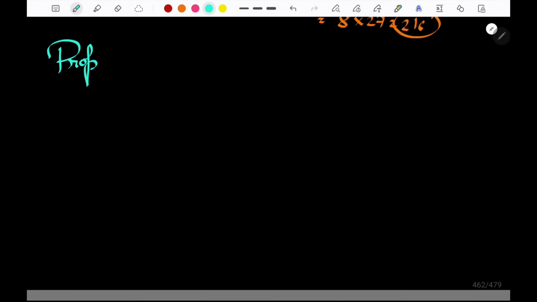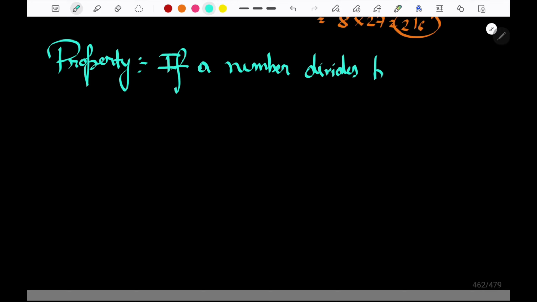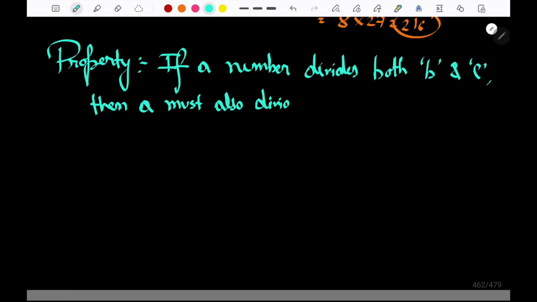So let's say this is one of the properties, and we will do the next property. The next property of HCF and LCM says, if a number A divides both B and C, then A must also divide the LCM of B and C. Now how do we do it?